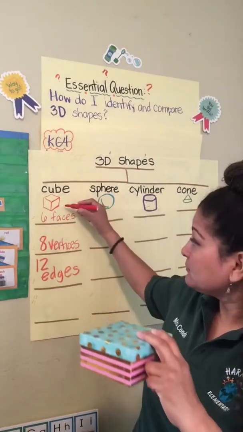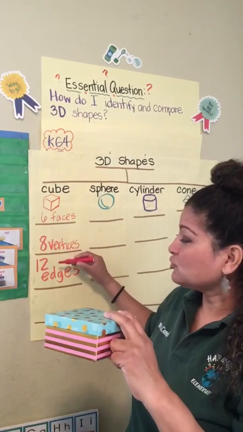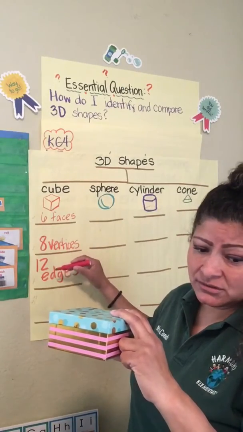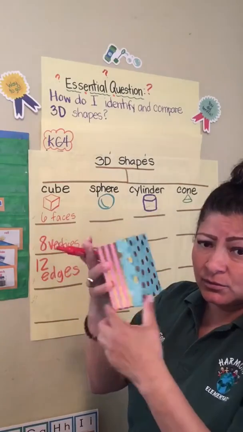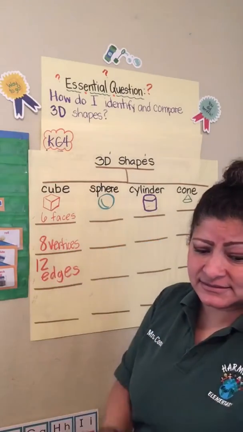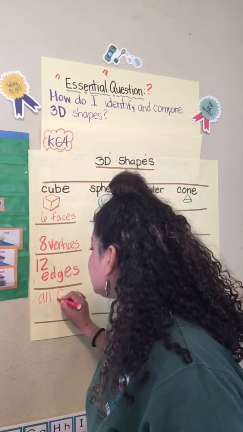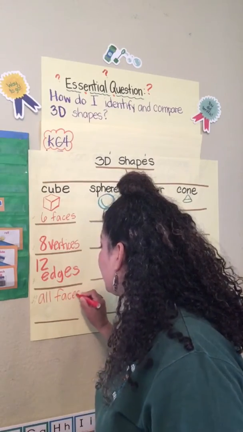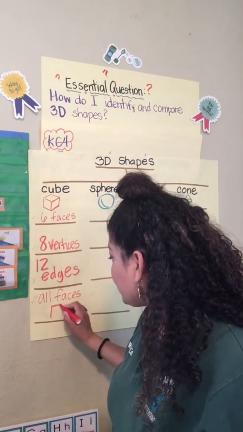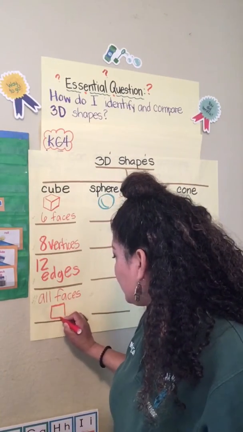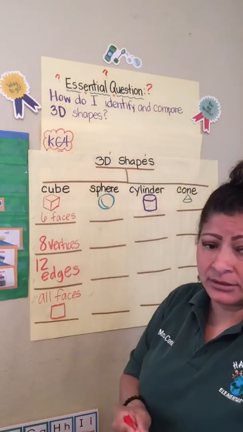Let's review. 6 faces, 8 vertices, 12 edges. And do you remember what shape all the faces are? That's right. All the faces are square. I'm just going to draw a square so that way you know. That's all we learned about the cube.